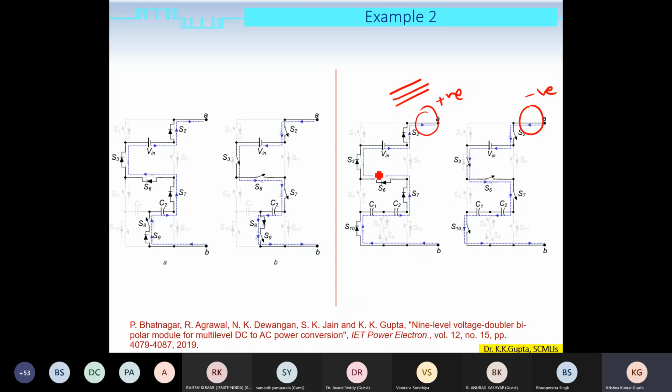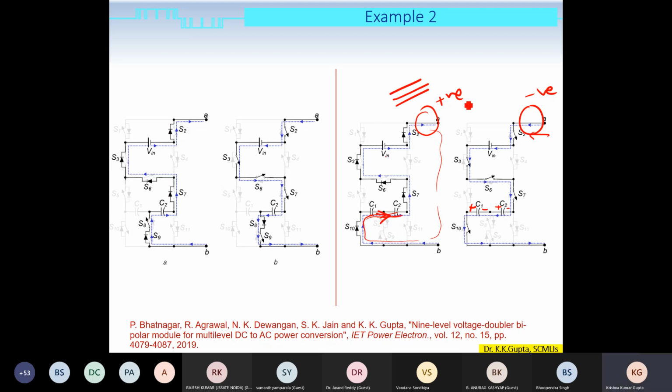Now in this state, when C1, C2 are coming in series with V in, assume that the capacitor will get discharged. And it happens actually. Here you see this is plus, this is minus, and the capacitor is getting discharged when this current is negative. But when the current is positive, you see that the capacitor is actually getting charged.